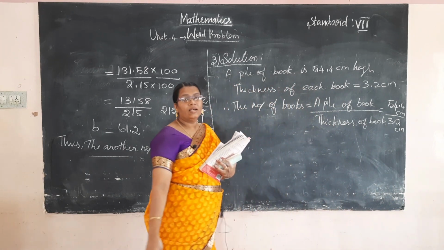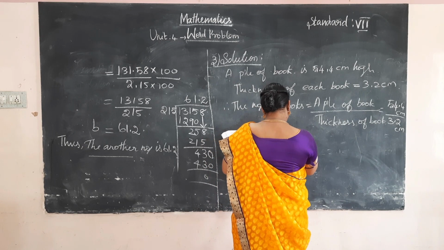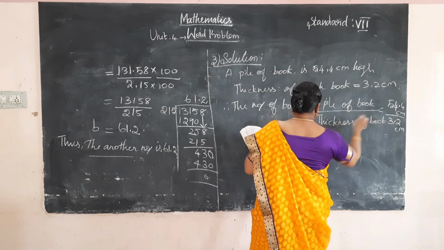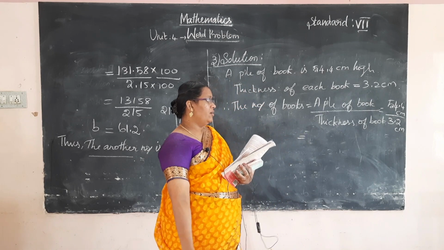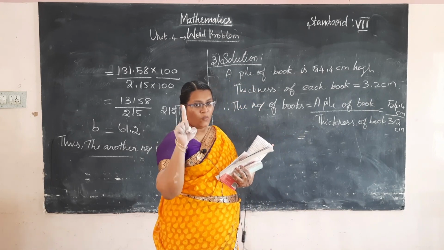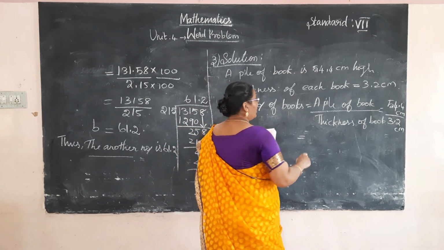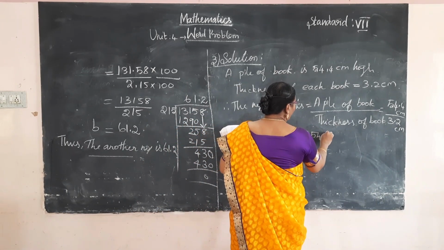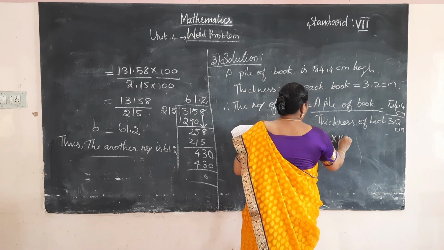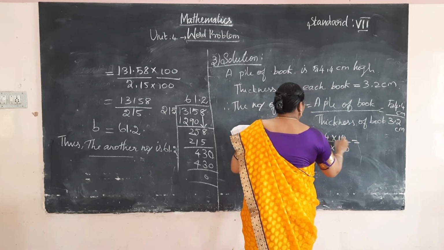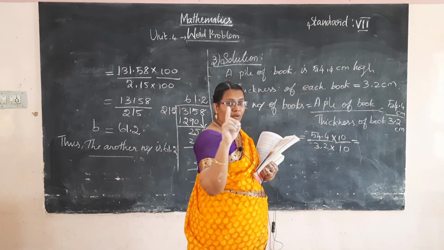Very clear? Check the denominator value: how many decimal places after the decimal point? 1 decimal place. So numerator and denominator are multiplied by 10, and the decimal point moves forward 1 place.